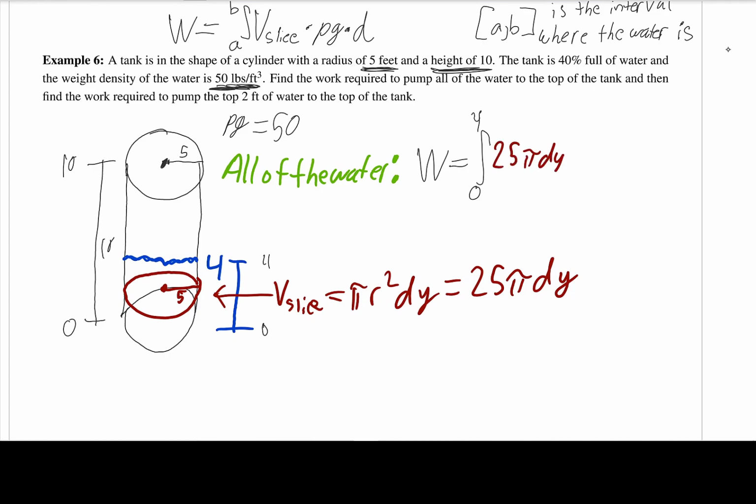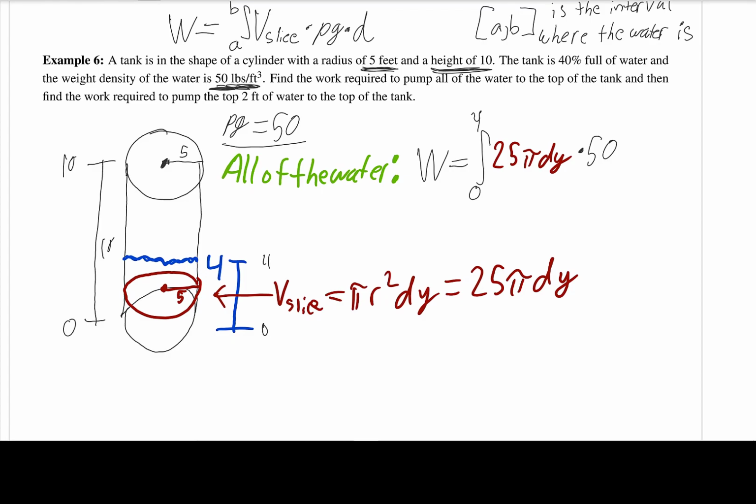Good. Rho times g, we already know, is 50. Now this d is the distance from where we're pumping the water out to wherever this slice is. This is why we're using a dy. This is why we're measuring everything with regards to the y-axis.